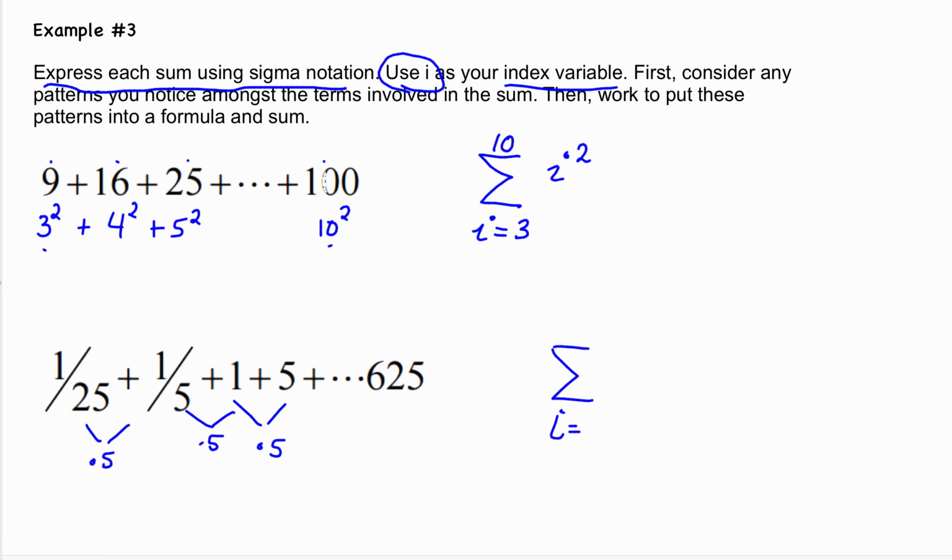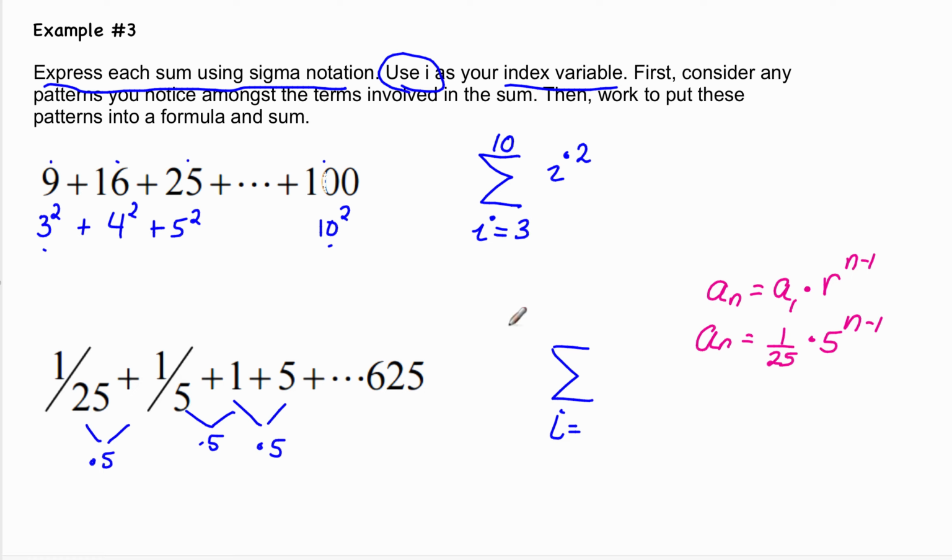I'm going to take some time and figure out the formula. We know to find any term, we start with the first term and multiply by my ratio n minus 1 times. Okay, so to find any term, I start with the first term, which was 1 over 25, and I multiply by 5 to the n minus 1.